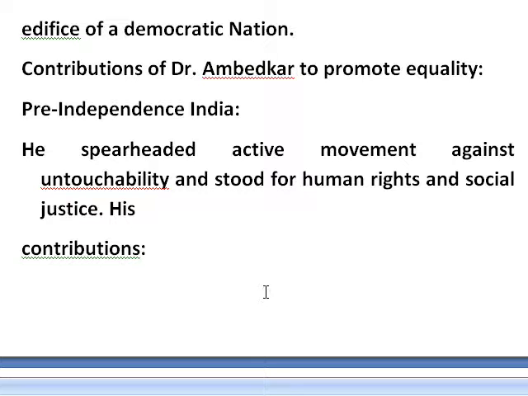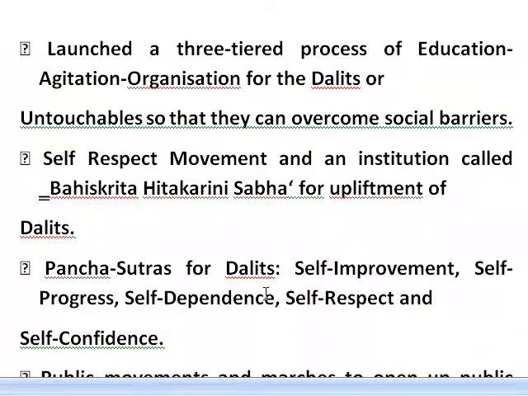He launched a three-tiered process of education, agitation and organization for the Dalits or untouchables so that they can overcome social barriers: a self-respect movement, and an institution called Bahishkrit Hitakarini Sabha for the upliftment of Dalits, and Panch Sutras for Dalits: self-improvement, self-progress, self-dependence, self-respect, and self-confidence.